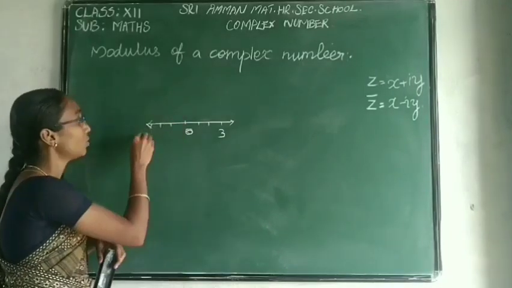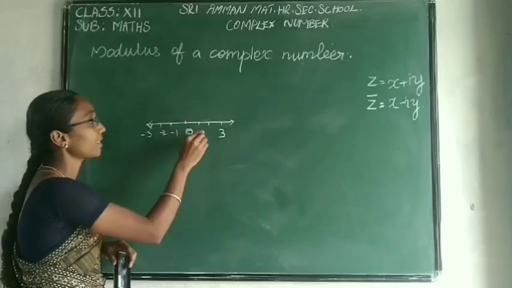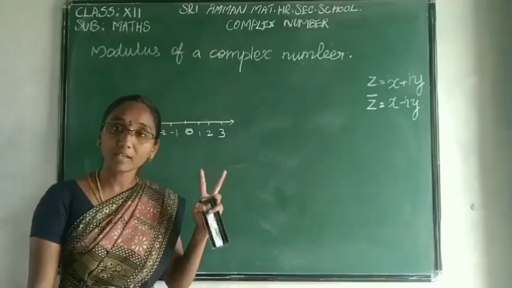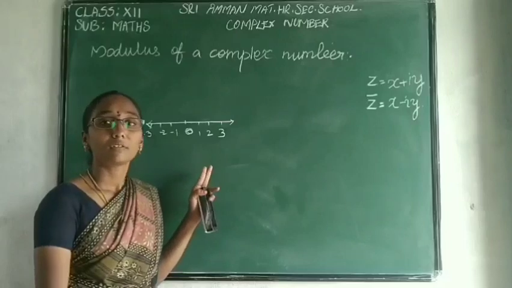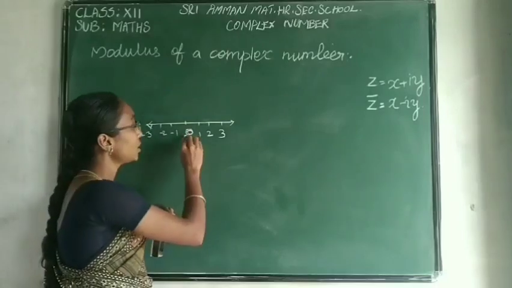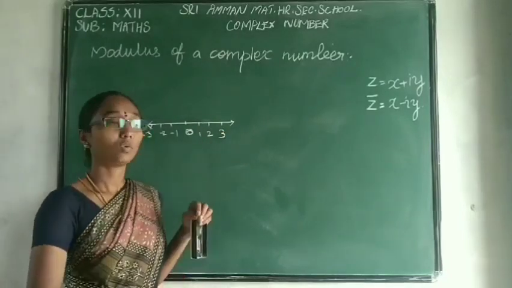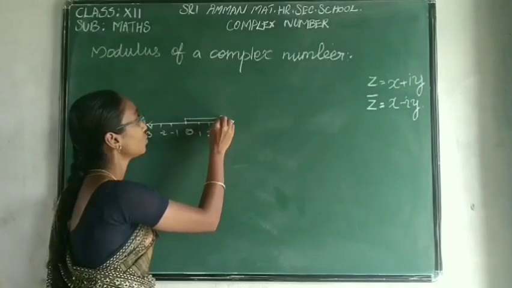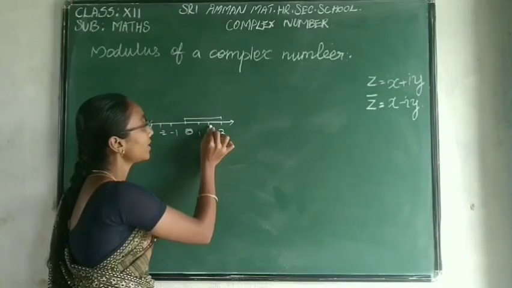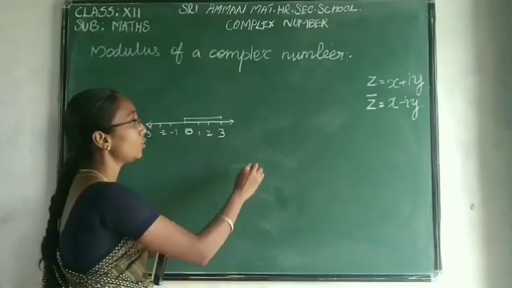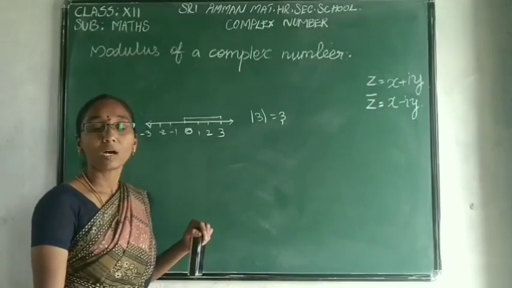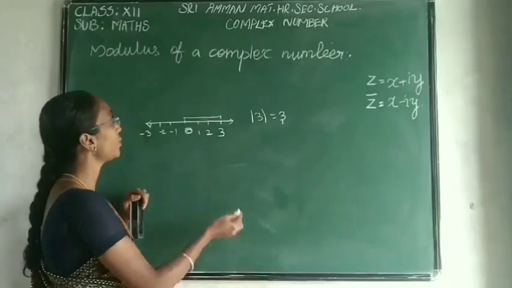The absolute value of 3 is 3, because the absolute value is the length from the origin to that real number. Here, from 0 to 3, how many units? 1, 2, 3 units. So the absolute value of 3 is 3.